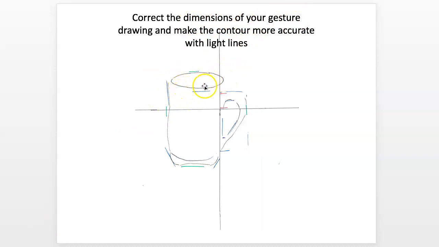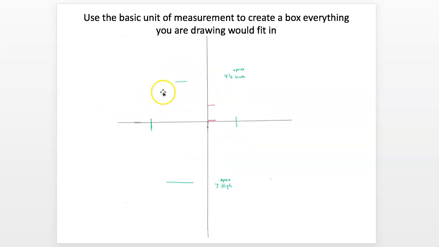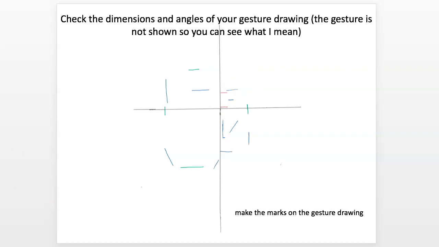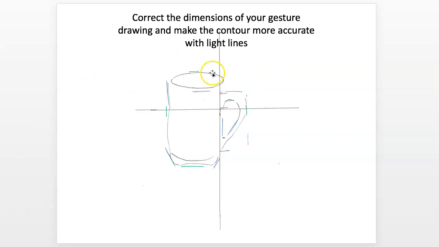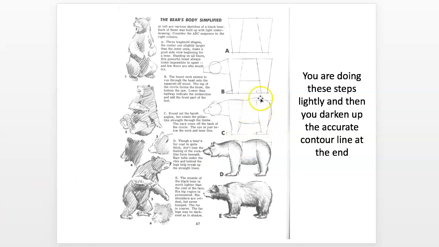So you take these little hash marks you did to check the width and height of things inside of this big crate, and then you're going to redraw some of the contours that you did. You did them sketchily back here, just an intuitive gesture.